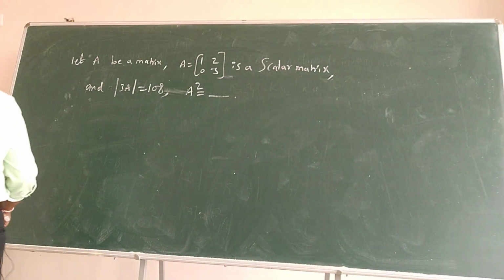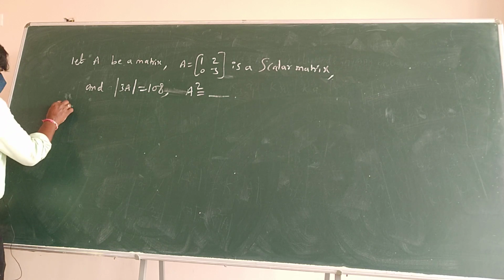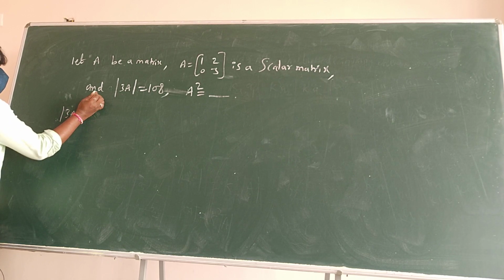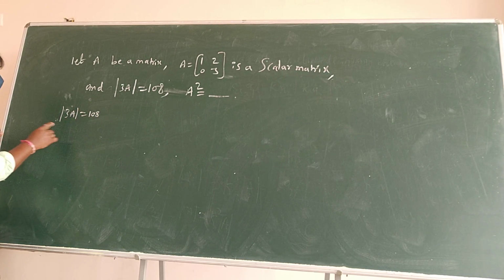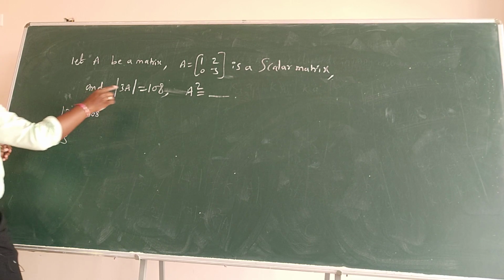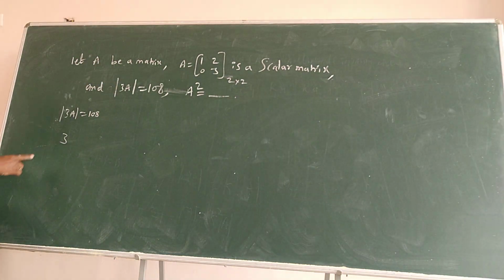According to the formula, because this is a 2 by 2 matrix, it is K square, K power n.